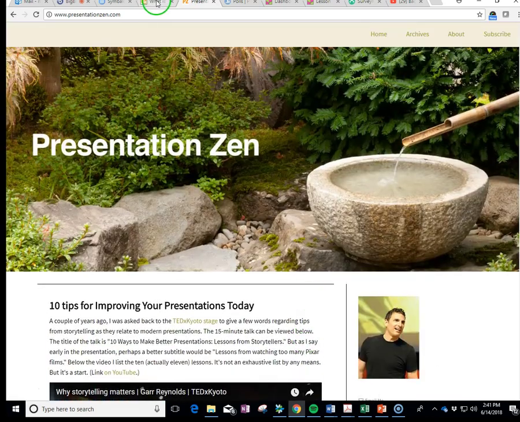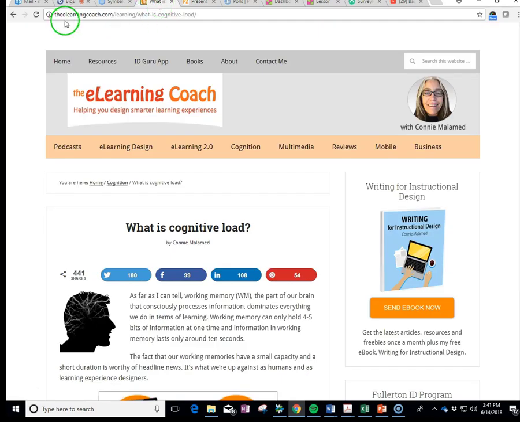I also forgot to share this site with you as well. Going back to that schema construction that I was talking about earlier, schema construction is a smaller part of a larger concept called cognitive load, and this is just a really good blog that I find myself returning to quite often.